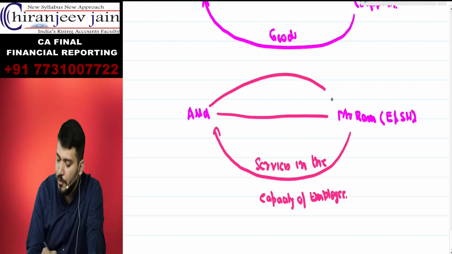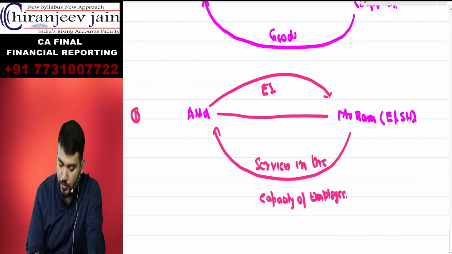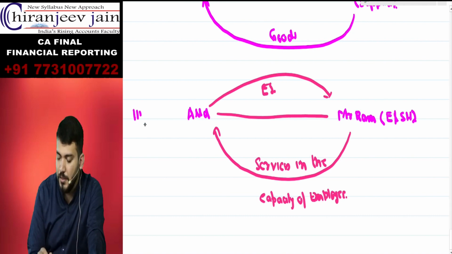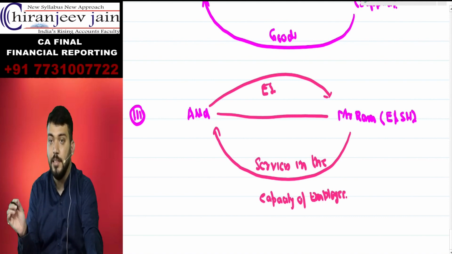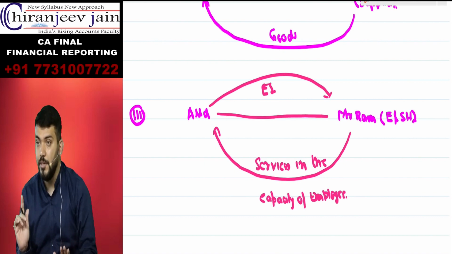And A Limited has done a contract that payment will be done in the form of equity shares. But whether it is covered under Ind AS 102? Yes or no? Yes, it will be covered. Because here the employee is giving services in the capacity of employee. Are you getting what I am saying?